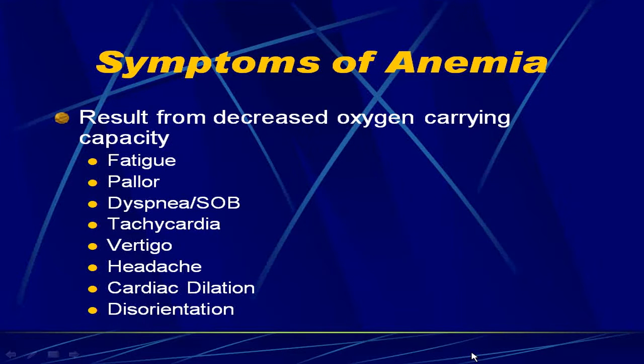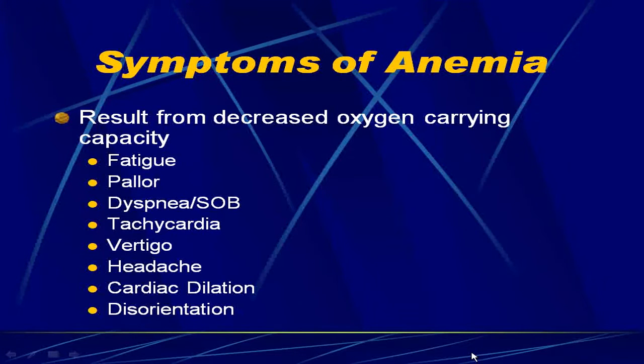The person may also have tachycardia. Tachycardia because the heart is hungry for oxygen, and so when the heart senses, we talked about low cardiac outputs, the heart is going to pump harder to try to get its oxygen needs met, to get more blood circulating.